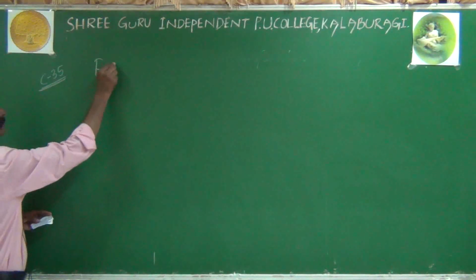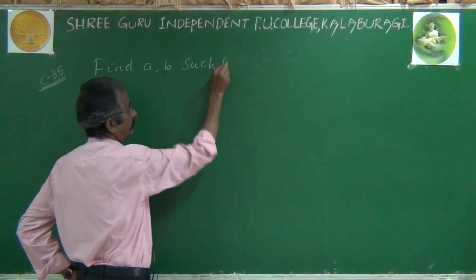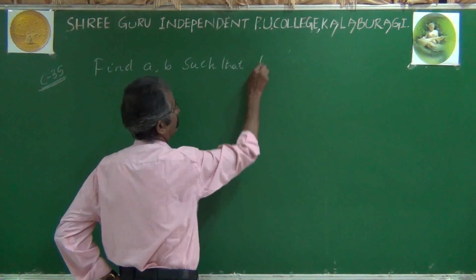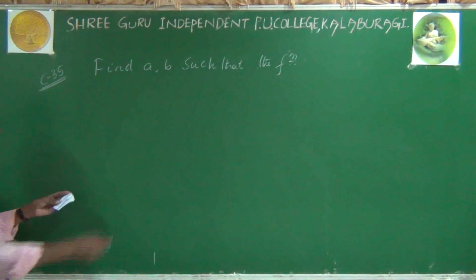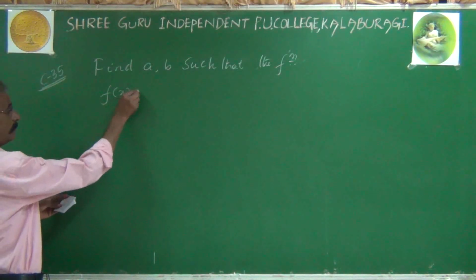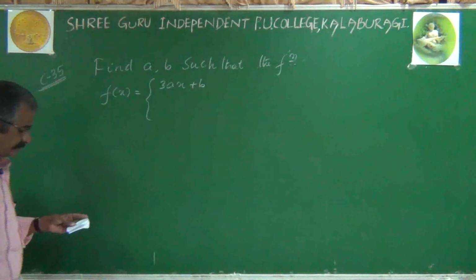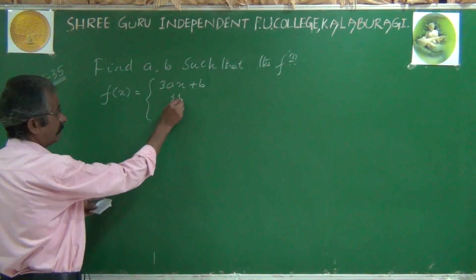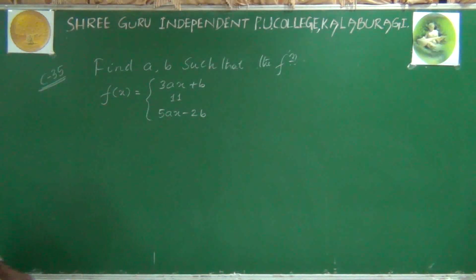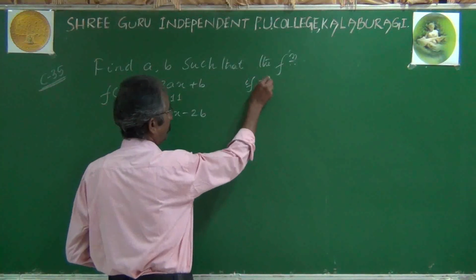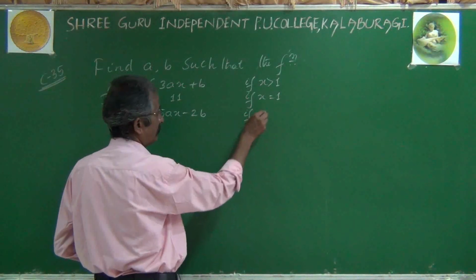Find a comma b such that the function f of x equals 3ax plus b if x greater than 1, 11 if x equal to 1, and 5ax minus 2b if x less than 1.